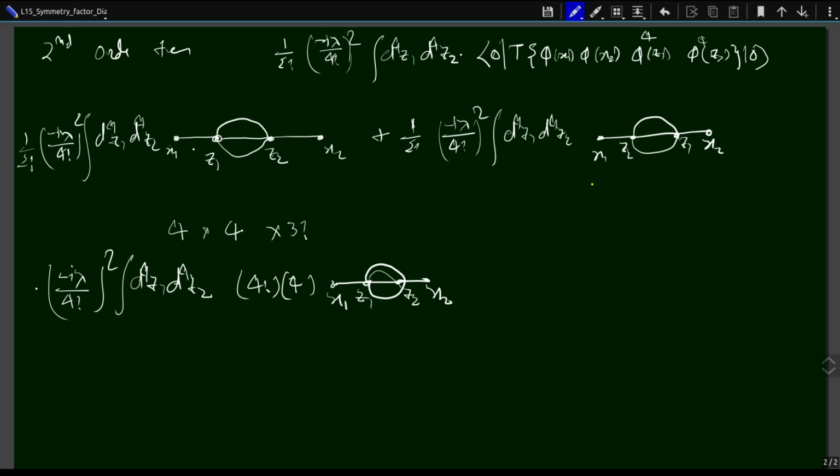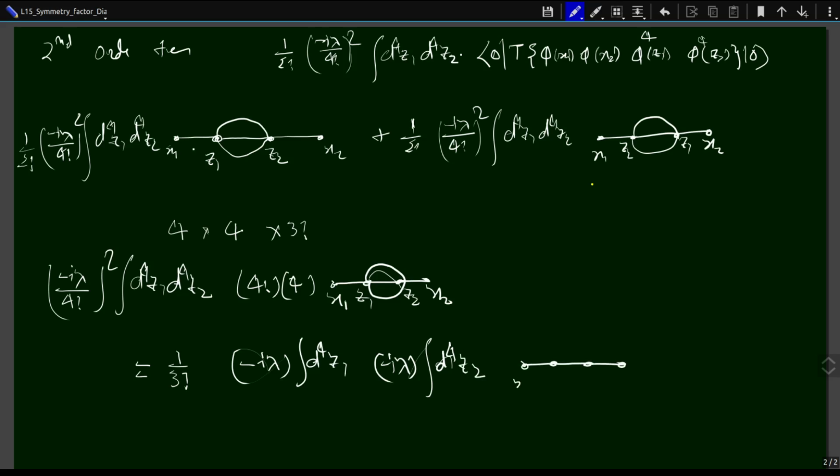This can again be written in the following way: one 1/4! cancels, one of the 4s cancels the 4 in the other, and it gives me 1 by 3 factorial. Then I have −iλ ∫d⁴z1, −iλ ∫d⁴z2, and the diagram with x1, z1, z2, x2.